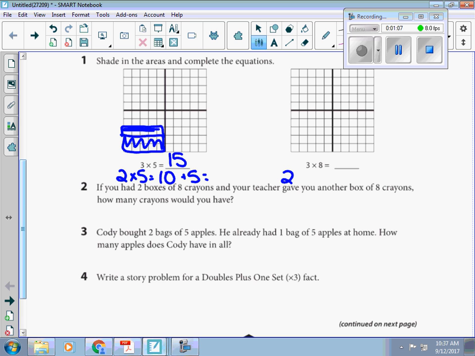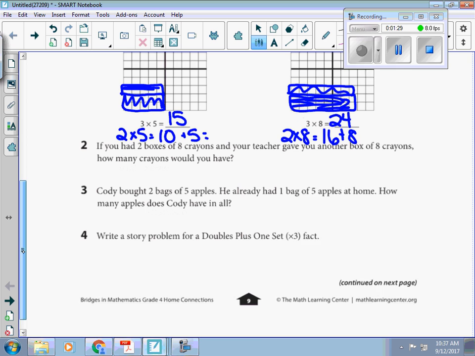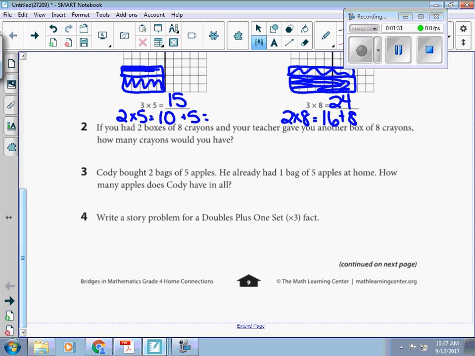For 3 times 8, we're going to start with our 2 times 8. And then we're going to add one more set of 8. And so we get 24. Number 2 says if you had 2 boxes of 8 crayons and your teacher gave you another box of 8 crayons, how many would you have?